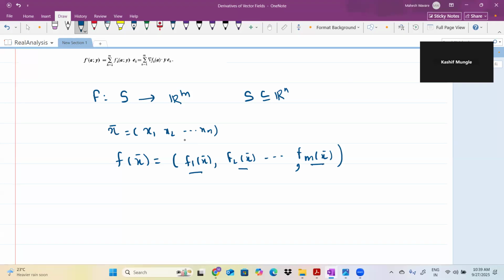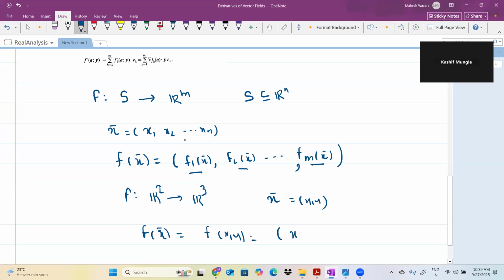Likewise, I will define an example, suppose in R2, and R3. As far as R2 is concerned, the point is (x, y) like this. So what is the meaning of f of x bar? f of x comma y is defined by x plus y.